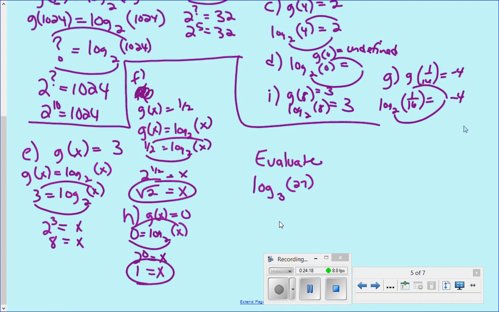I said 2 to what equals 1/16. Same idea here. I don't know what this equals yet, so I'll just use the circle trick. 3 to the what power equals 27. Well, I know that 3 cubed equals 27. So when it's asking you to evaluate, it just means tell me what it equals. And the log base 3 of 27 is equal to 3. Okay, so that's what you'll do on the questions that say evaluate.